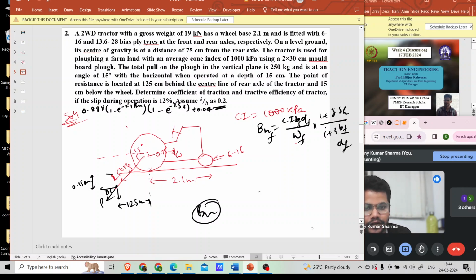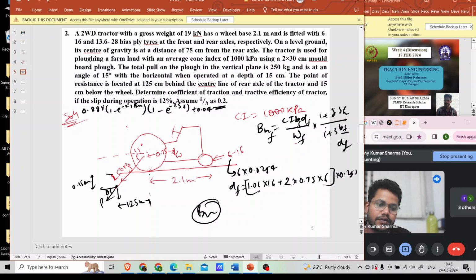So B of front wheel is section width of front wheel, 6 into 0.0254, and diameter of front wheel is 1.06 into 16 plus 2 into aspect ratio. It is not given, you can take 75%, 0.75 into 6, multiplied with 0.0254.